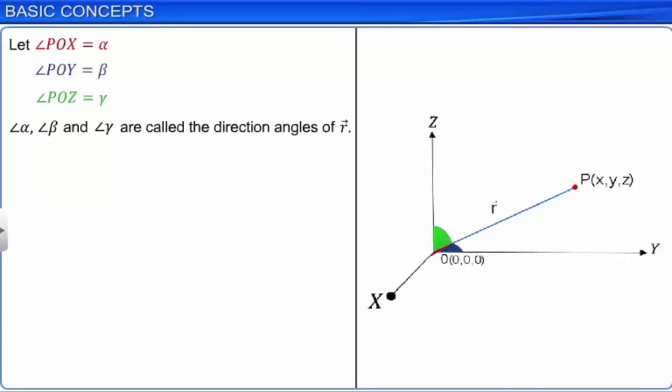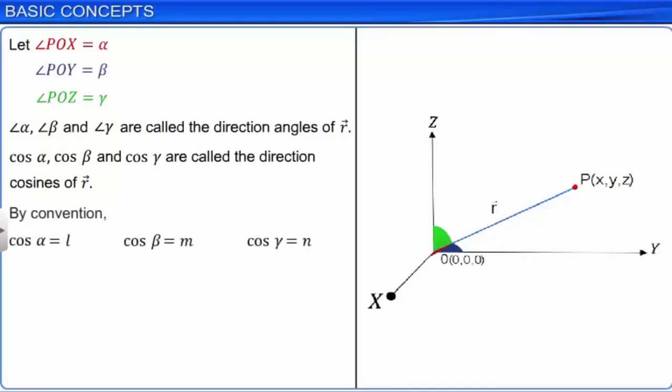Thus, cos alpha, cos beta and cos gamma are the direction cosines of vector r. By convention, the direction cosine cos alpha is denoted by l, cos beta is denoted by m, and cos gamma is denoted by n. Now, let us find the values of the direction cosines of vector r.